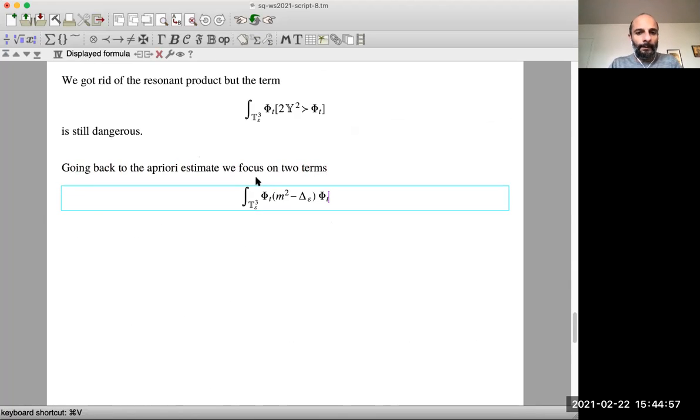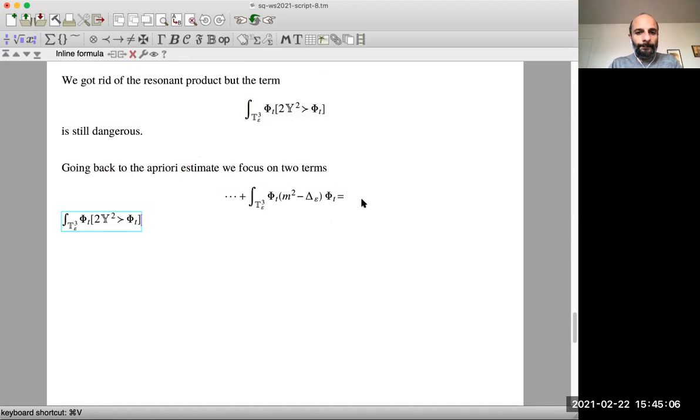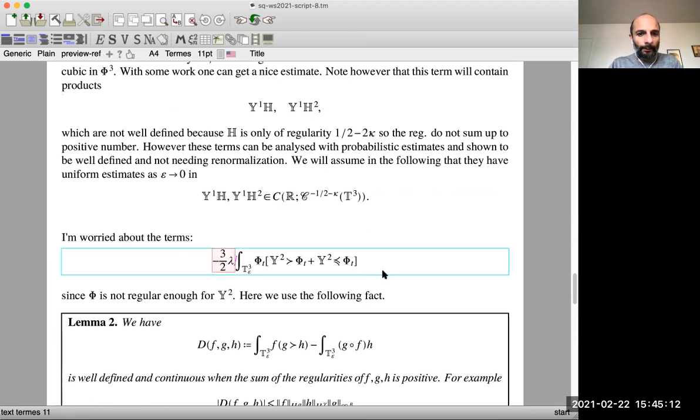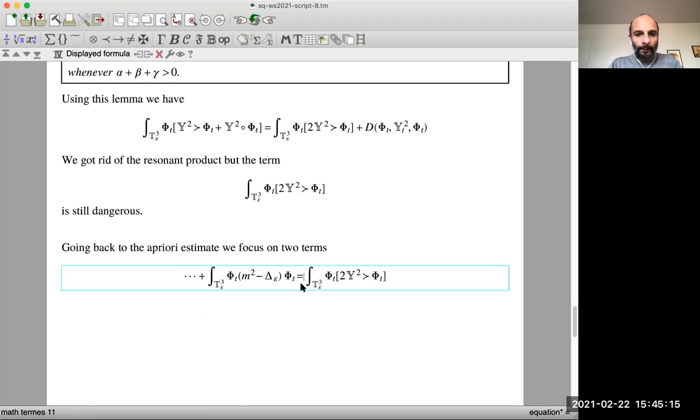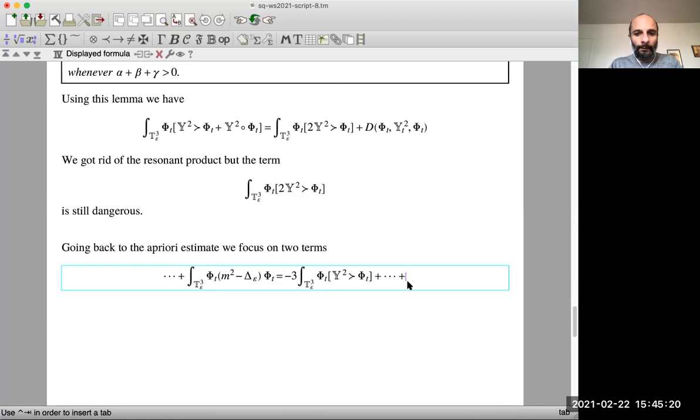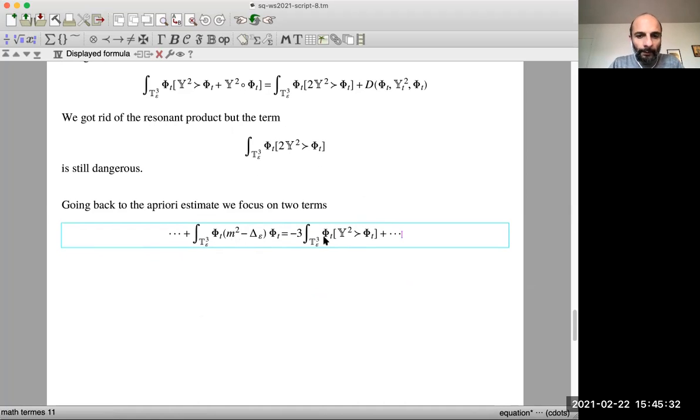On the left-hand side, there are a lot of things, and that, okay? And on the right-hand side, we have that. Let me just check that I put the right coefficient there. So there is this -3 because there were these two. So let's write it in this way. And then there are other things, okay? So the expression is like this. And now you see that I focus on them because there is some hope that I can cancel them, okay?